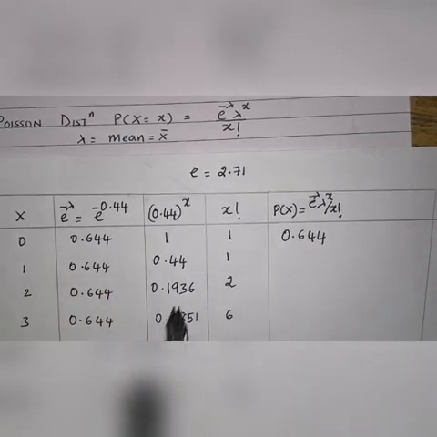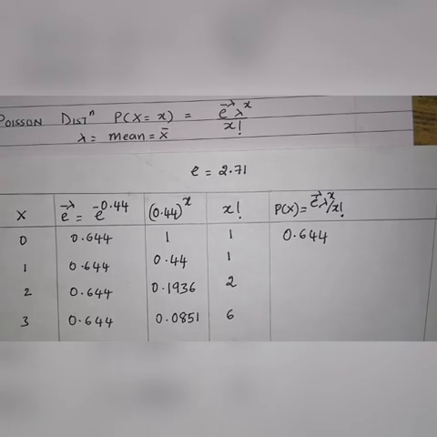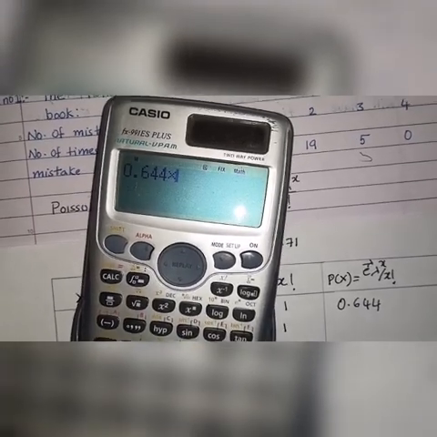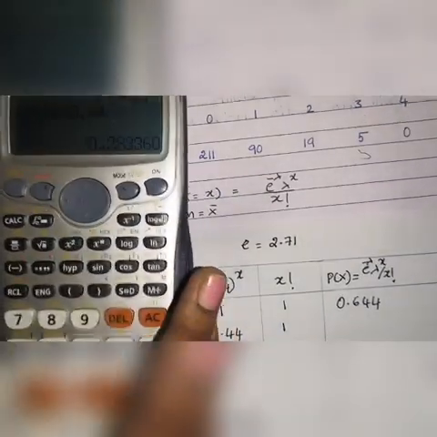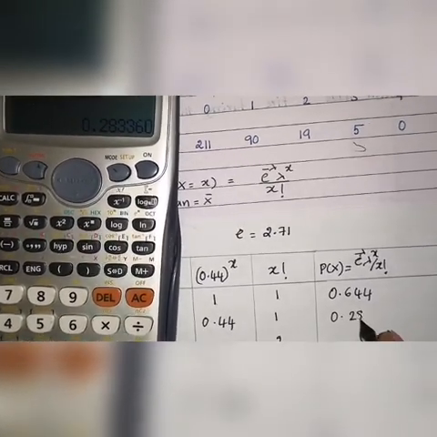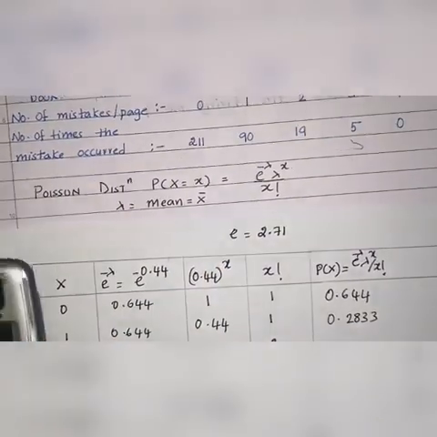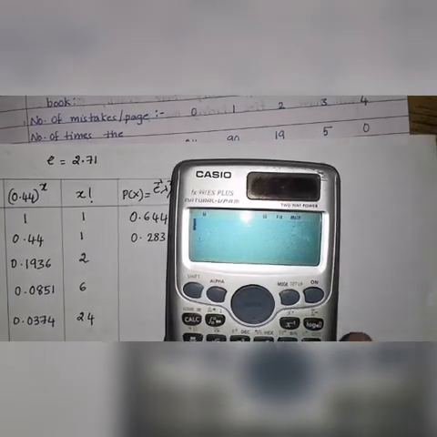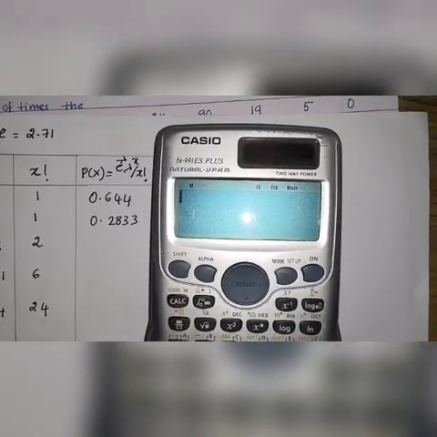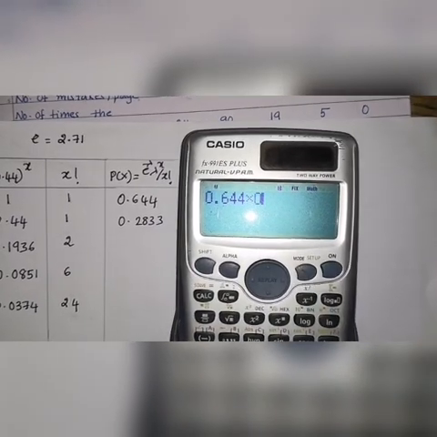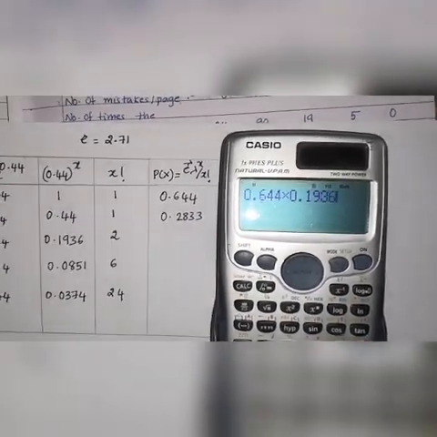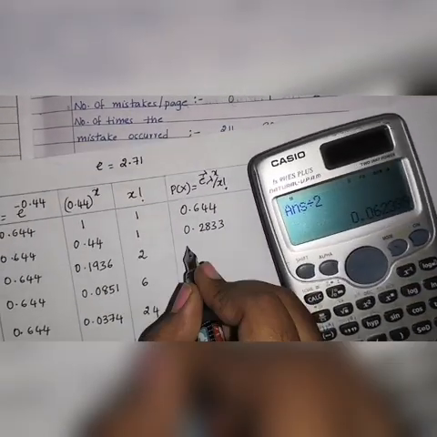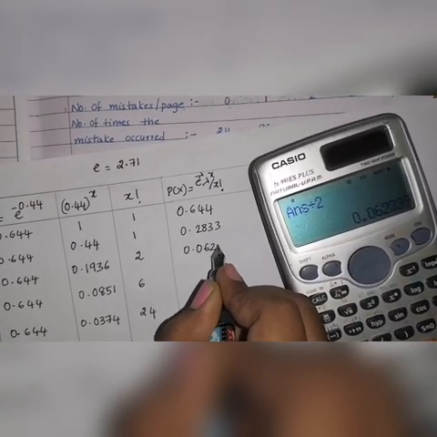Then 0.644 into 0.44 by 1 is 0.2833. Then 0.644 into 0.1936 by 2 is 0.0623.